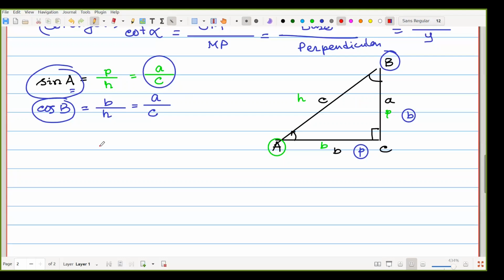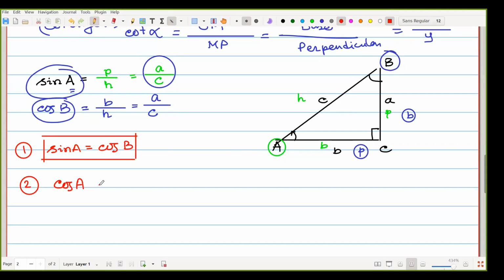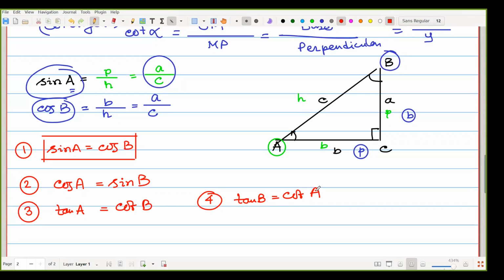So we can say here that sin A is equal to cos B. Same as we can say cos A is equal to sin B. Another one we can say is tan A is equal to cot B, or tan B is equal to cot A. So with the angle of reference, for any right angle triangle, the trigonometrical functions may change.